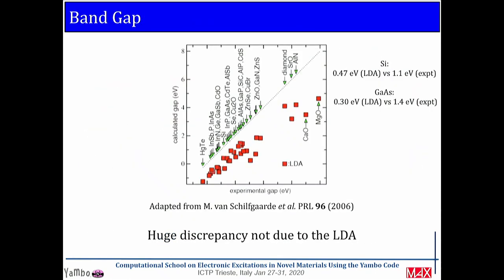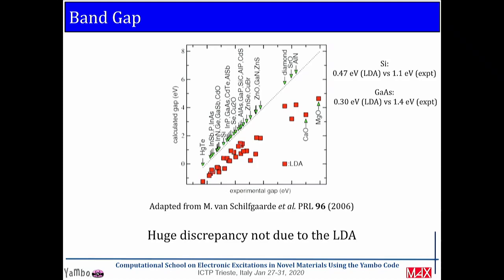So what about band gaps? Probably yesterday you already learned about the famous band gap problem. And here in this plot from a paper of Mark van Schilfgaarde, we compare experiments for a series of semiconductors with the gap calculated in DFT, local density approximation in this case.